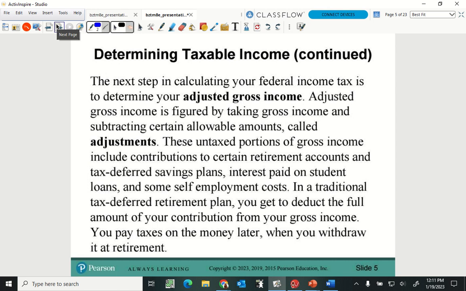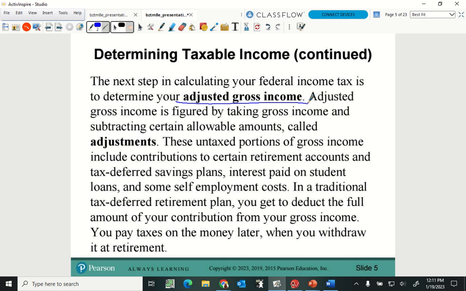Determining taxable income. The next step in calculating your federal income tax is determining your adjusted gross income. So, adjusted gross. First, what was gross? Before taxes, right? All that money that you made, all added up.